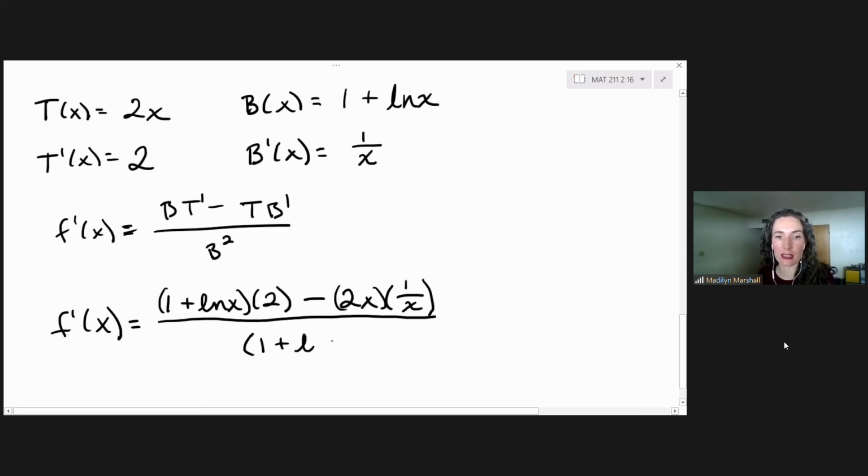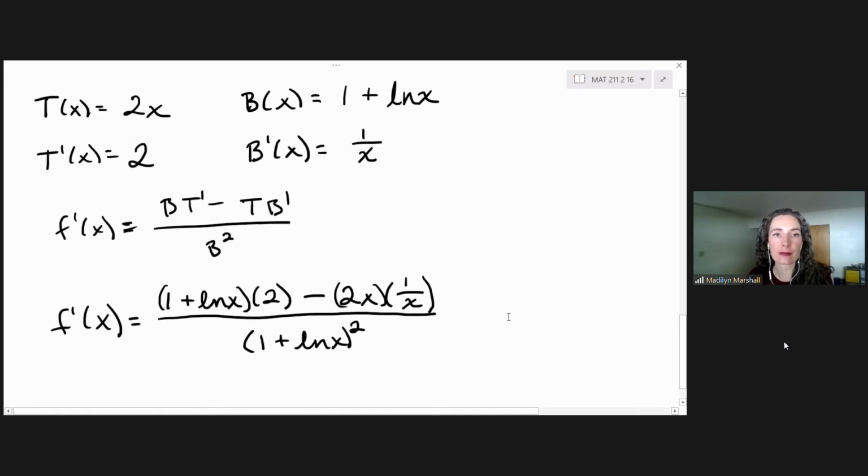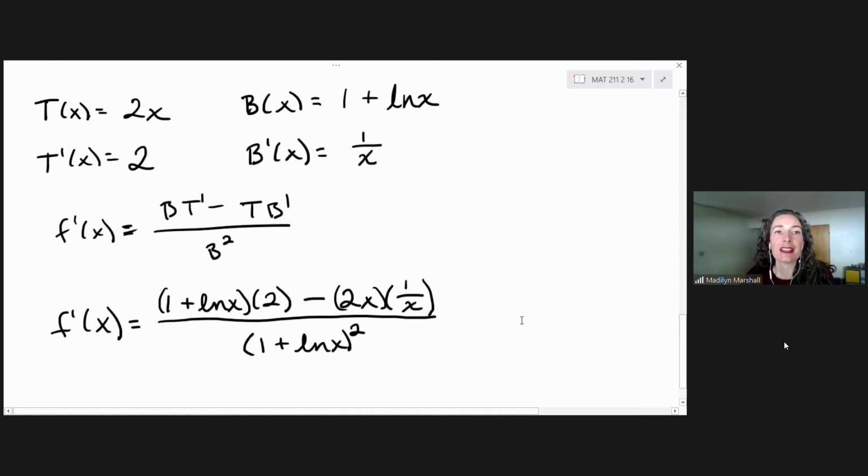So 1 plus ln x squared. So that's the taking the derivative part. We found our 4 pieces and put them into the formula. Now we just have to do a little bit of simplifying.